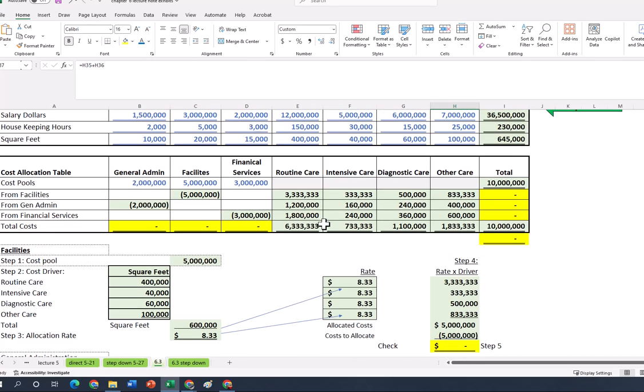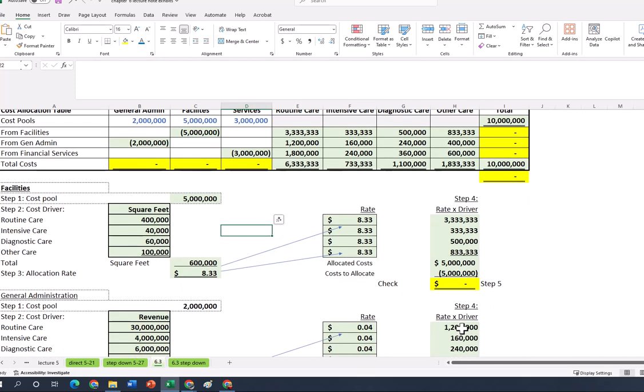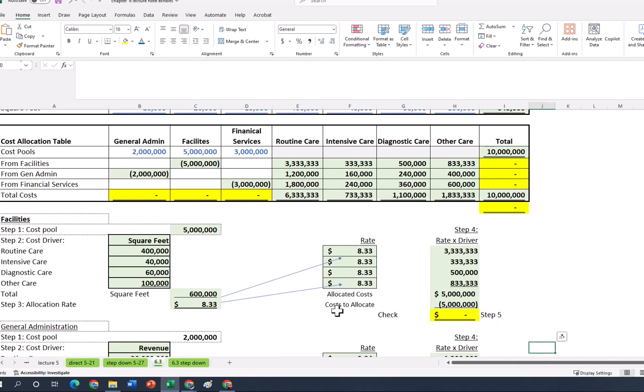And then we're bringing the amounts that we pulled into this table from general administration. We're bringing the 1.2, the amount allocated, etc. We're totaling it here, right?